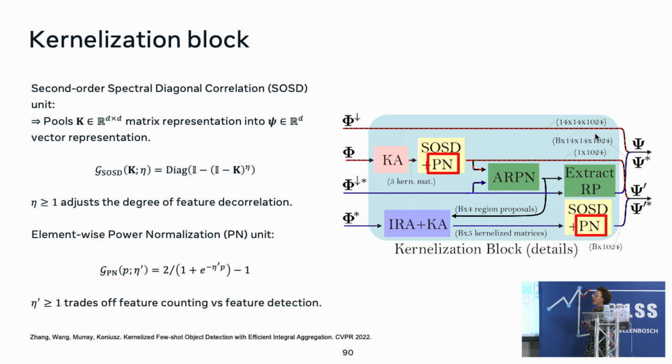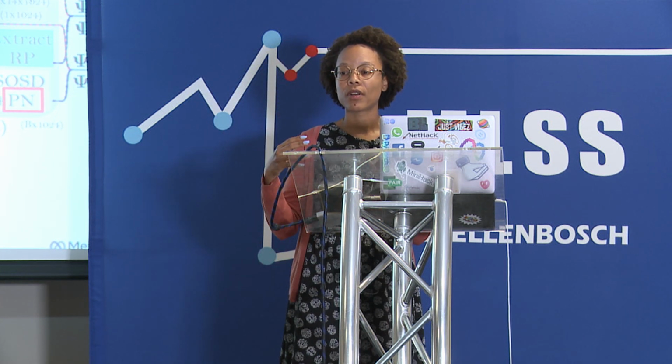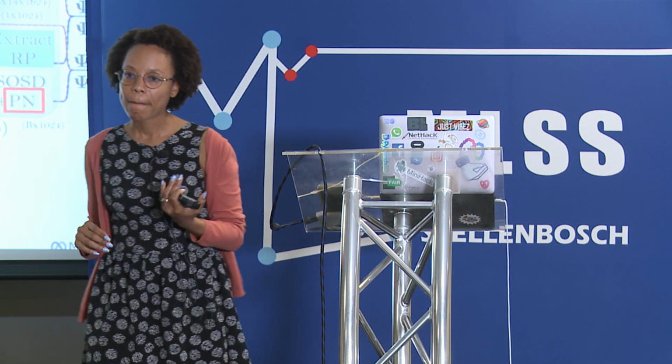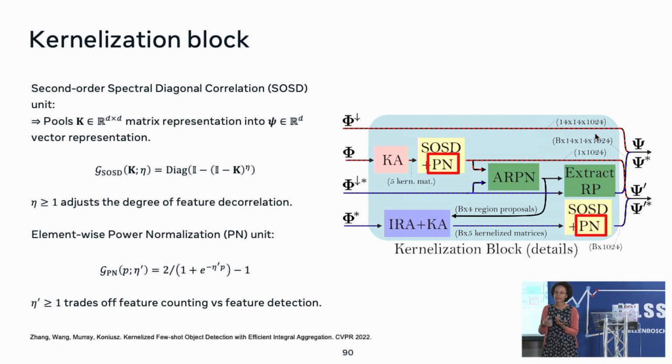And then also there's a power normalization approach, which I won't go into too much, but basically this is just another way to mitigate information loss. It's just going to maintain a bit more information through that process of dimensionality reduction.